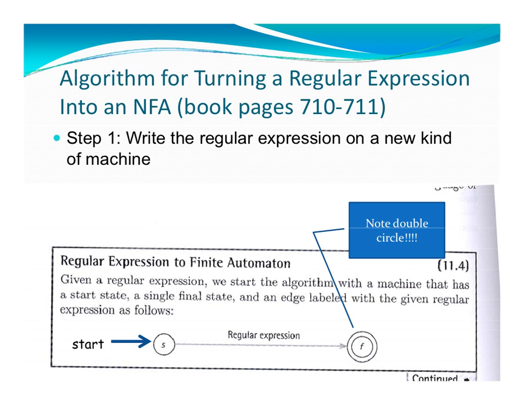And whatever the regular expression is that you want to make a DFA, you're going to write right on the top of there. So, for example, if I wanted to turn A plus B star into a DFA, I would write it right here.